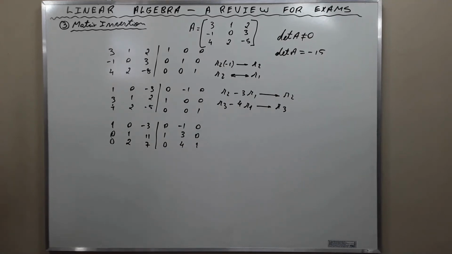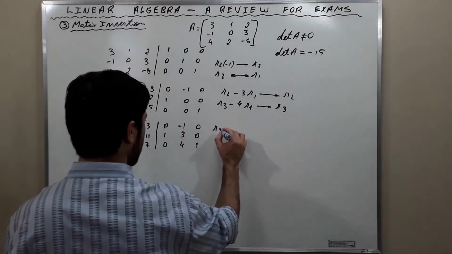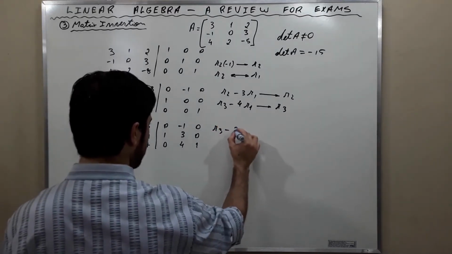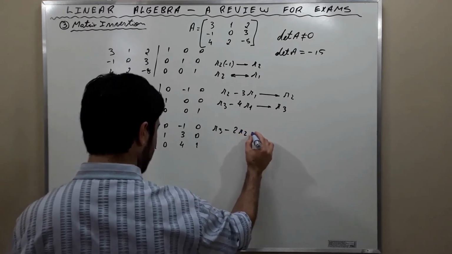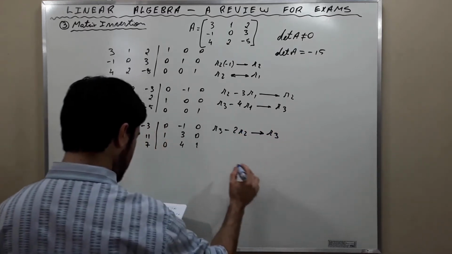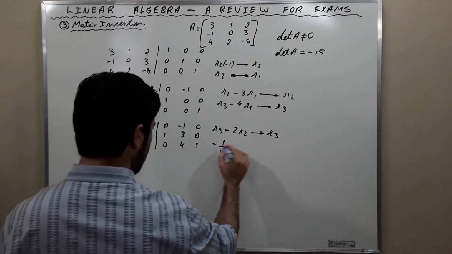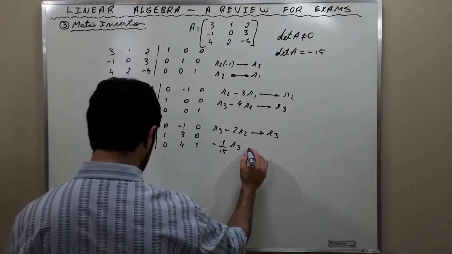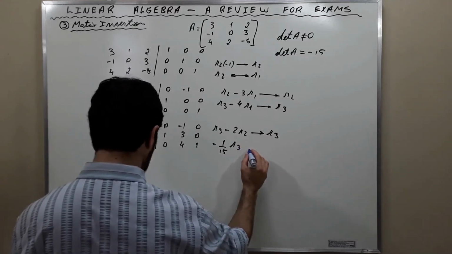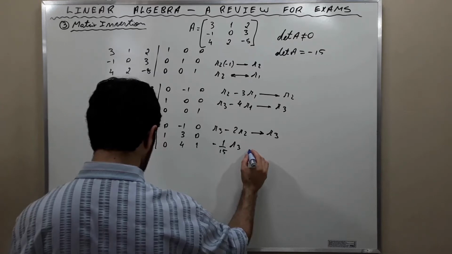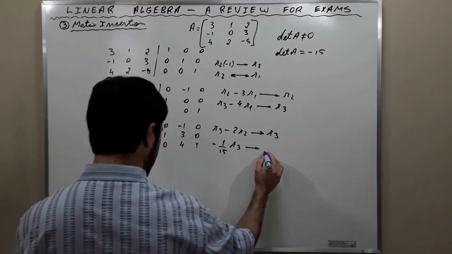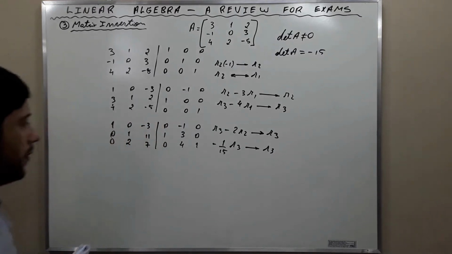And this is our objective. This is what we are going to do. And to further simplify this, we are going to do row 3 minus 2 row 2 in the place of row 3, and 1 over 15 times R3 in the place of R3. Okay?